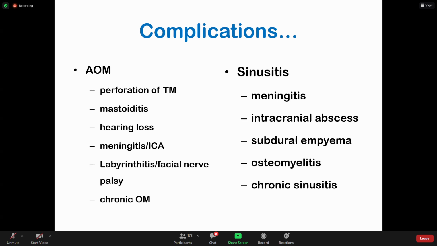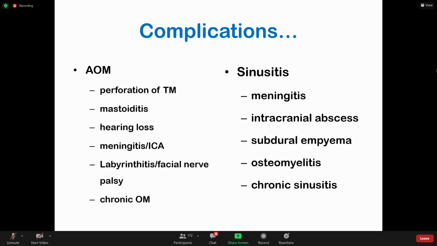With treatment of acute otitis media, the patient may have some degree of hearing loss. You can also have spread of the infective process to involve the meninges and the brain. You can have labyrinthitis or facial nerve palsy, depending on how terrible the situation was with the patient.